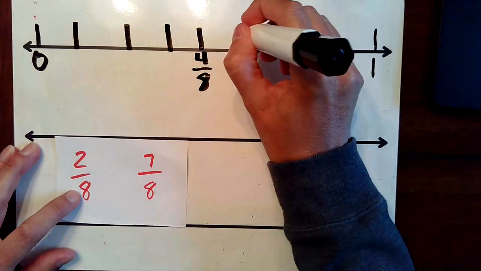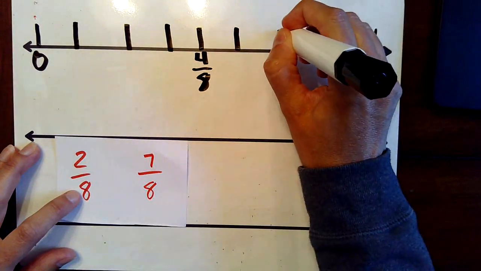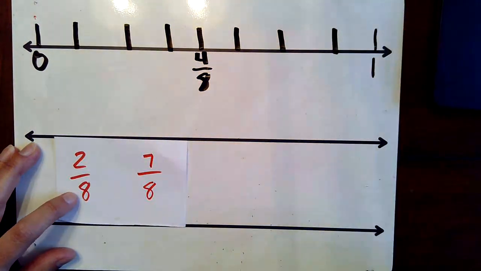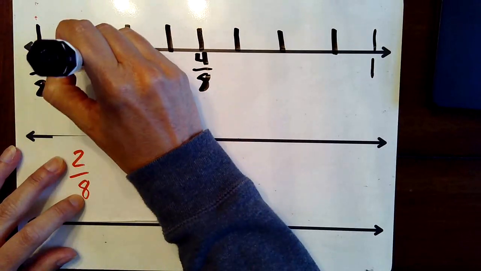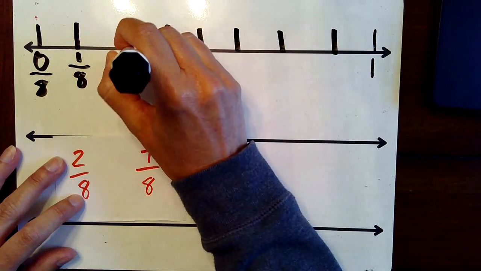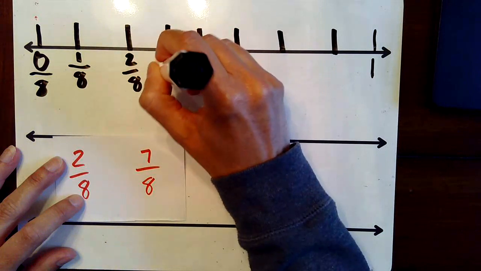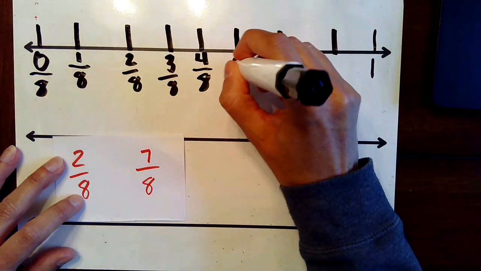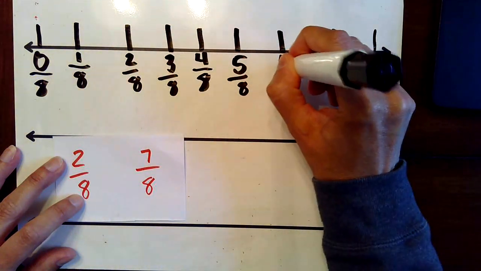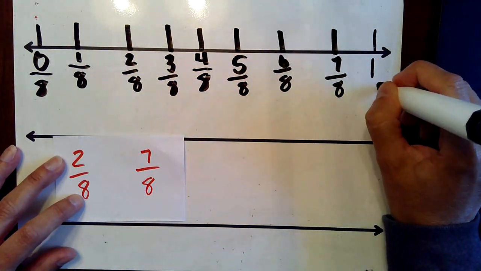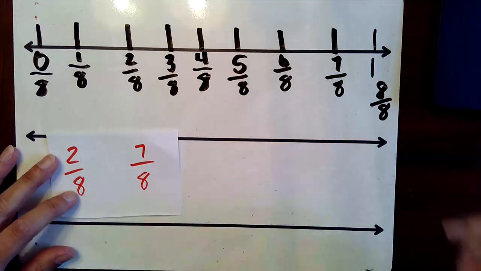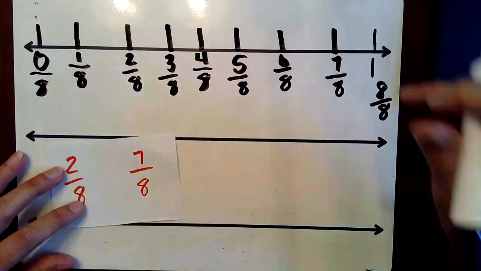Pretty close. And then 1, 2, 3. Okay, so let's go ahead and label. We have 0/8, 1/8, 2/8, 3/8, 4/8 is already there, 5/8, 6/8, 7/8, and then 1 whole is the same as 8/8. When the numerator and denominator are the same, it's the same as a whole.